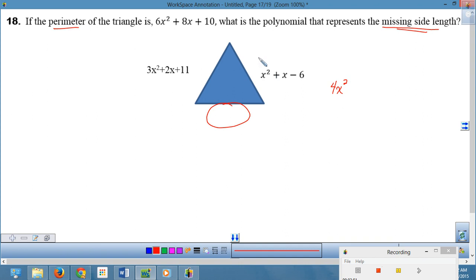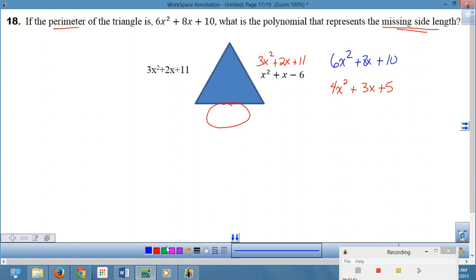Here, I'll write it above it so that helps. So now you have 2x plus an x, which is positive 3x, and then 11 minus 6, or 11 plus negative 6, is positive 5. So we need to figure out what we could have added to this to get to that up there, which is 6x squared plus 8x plus 10.